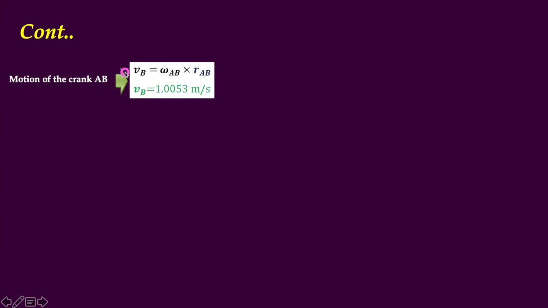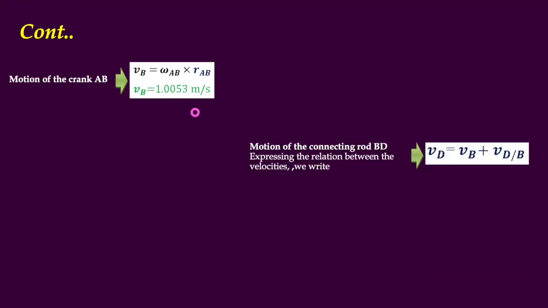But as the AB link has only absolute rotation, instead of VAB we can write VB also. RAB is already given and omega AB is calculated, and substituting this we get the velocity 1.0053 meter per second for the crank AB.